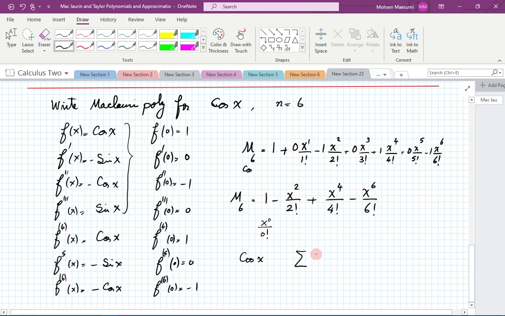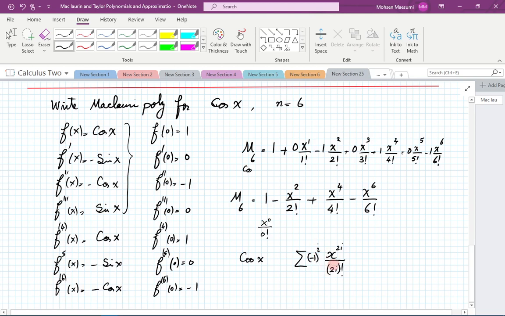It is x to power of 2i, denominator is 2i factorial. Then to indicate odd and even, I can use minus 1 to power of i.